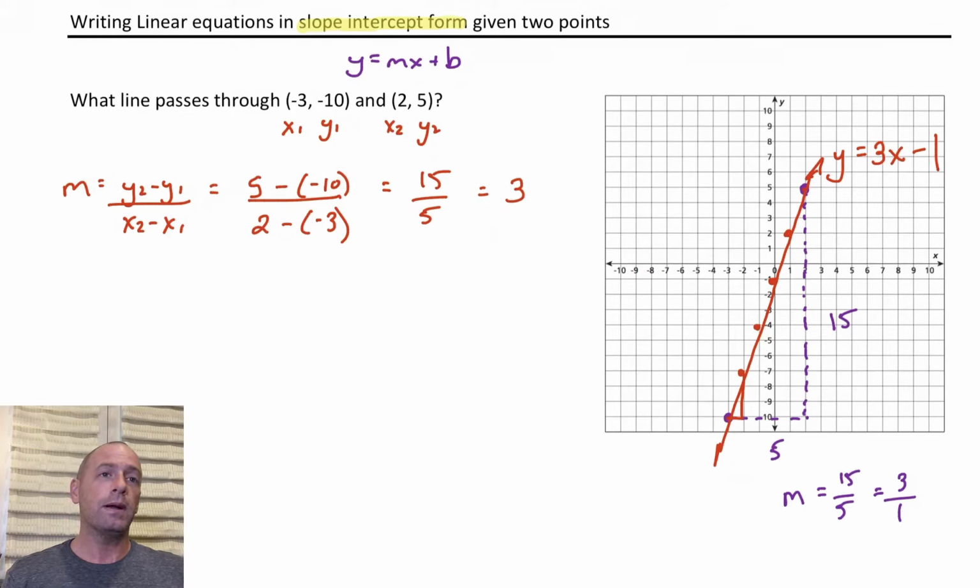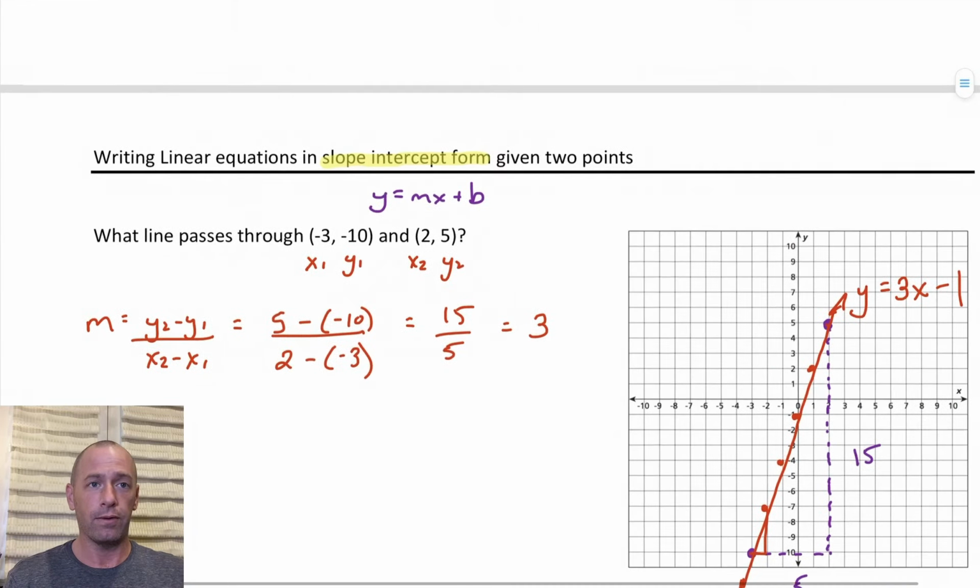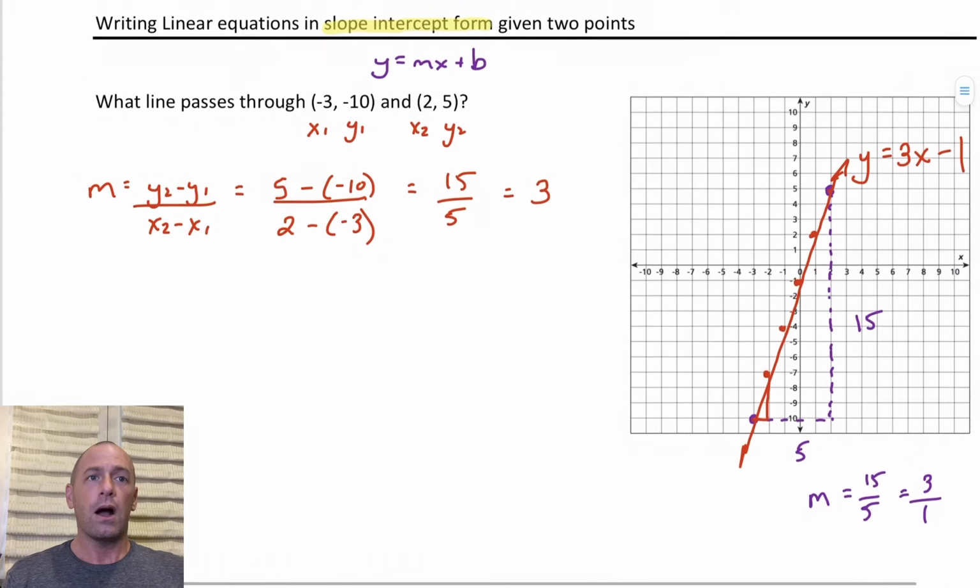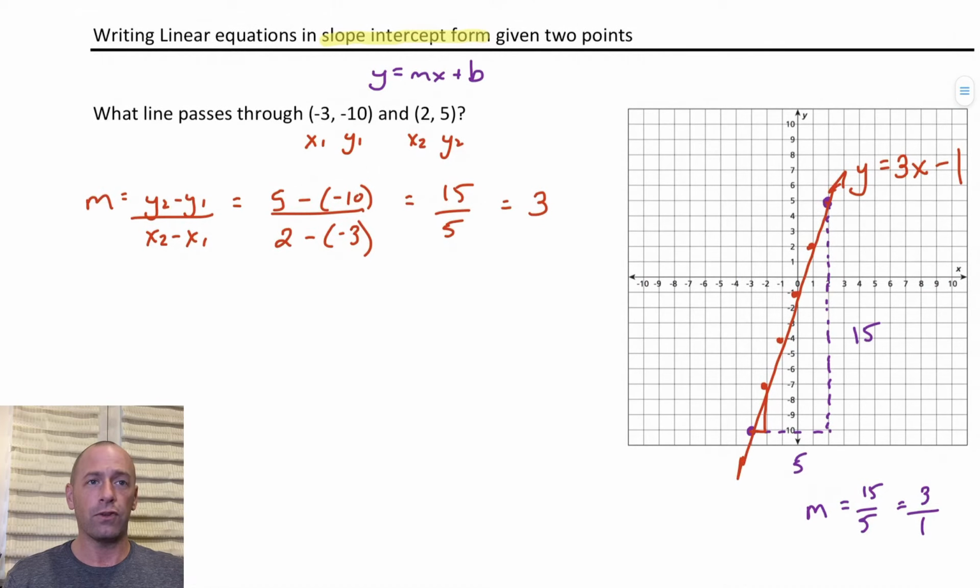Now, this becomes like a previous topic. We know the slope, we know a point. The only thing we don't know in this, y equals mx plus b, is the y-intercept. So I'm going to choose a point. It could be -3, -10, or 2, 5. I'm going to use 2, 5 because all of the values are positive. That just makes my life easier, less likely to make a mistake.